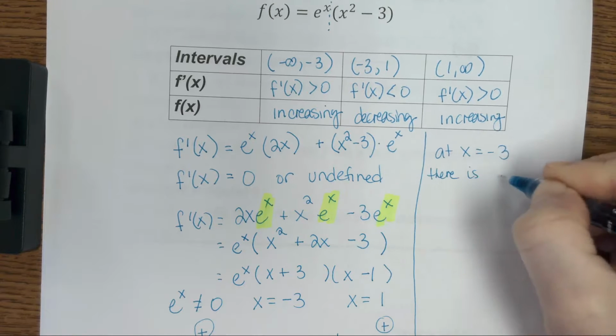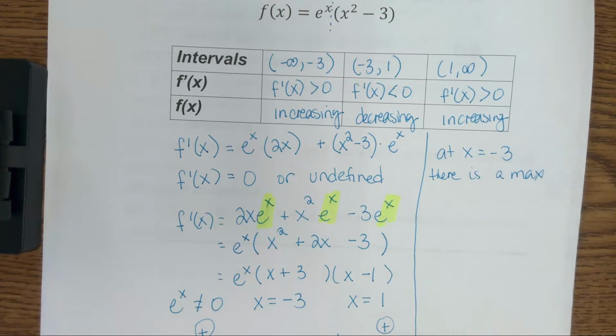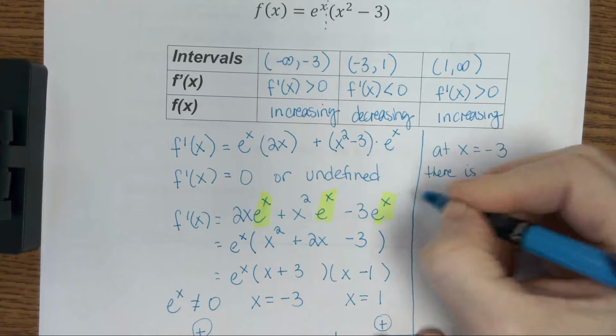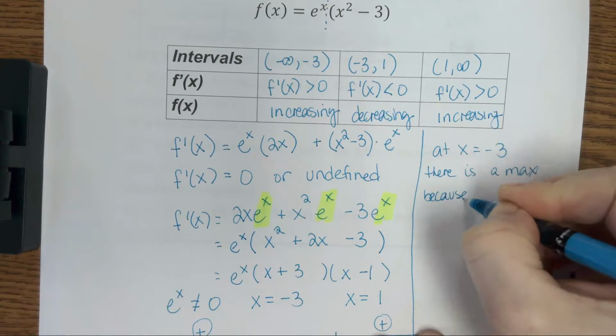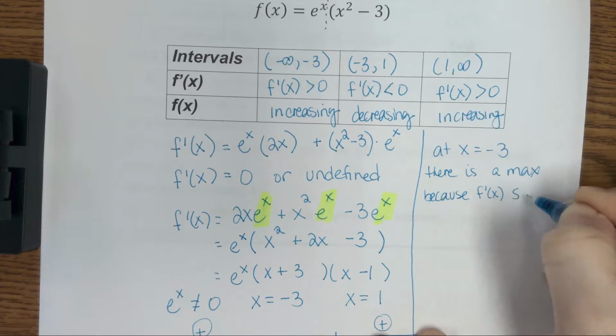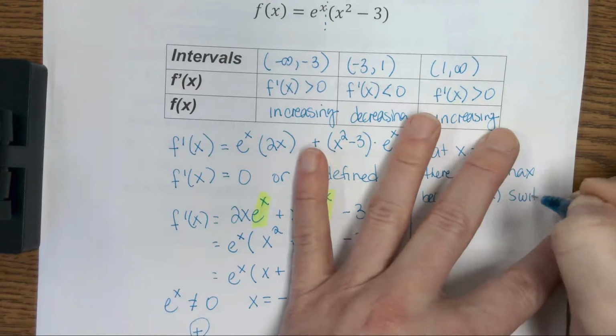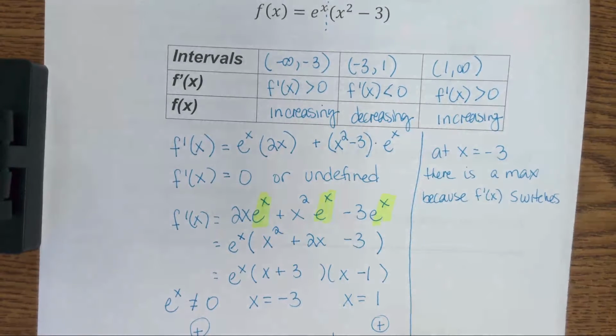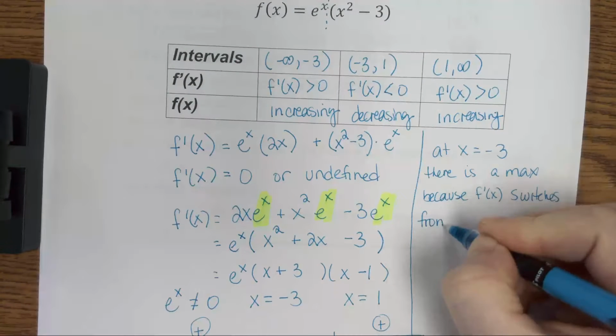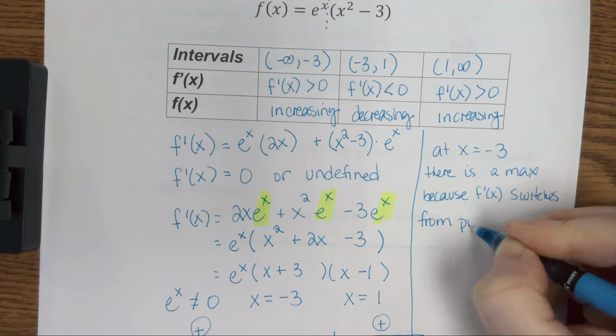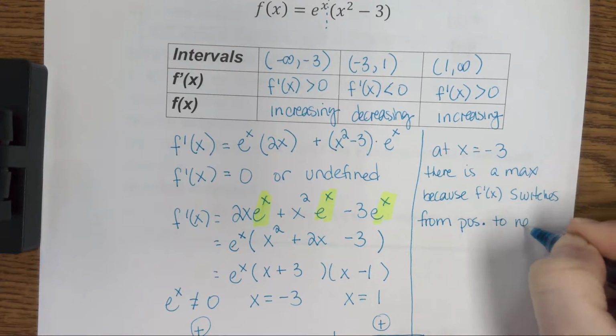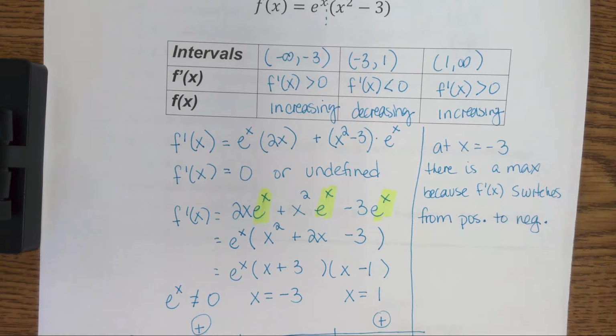There is a max, because f prime of x switches from positive to negative. So that's my justification. This is what's called the first derivative test. So you're using the first derivative to decide where extrema occur by where it switches signs.